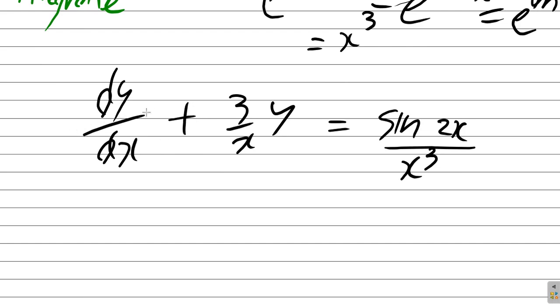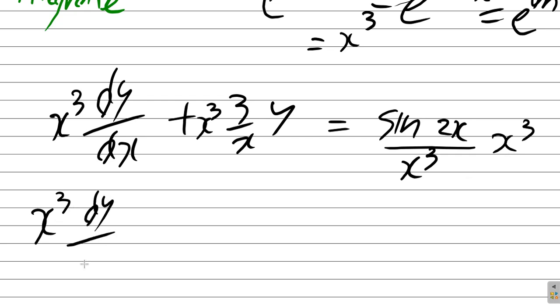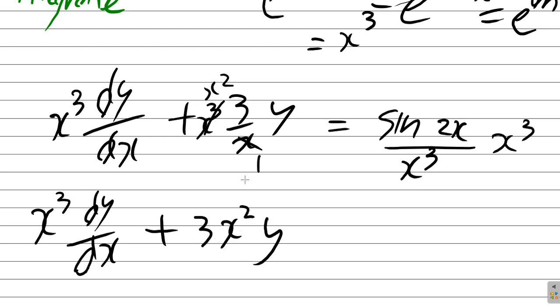You multiply, and for this we have x cubed here, and for this we have x cubed here. Let's rewrite this. x cubed dy/dx plus, x into 3 over x, x into x cubed was x squared. So this becomes 3x squared y. You see that? Equals, well, x cubed cancels x cubed. So you have sin 2x here.